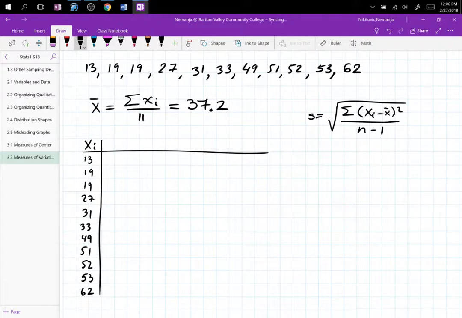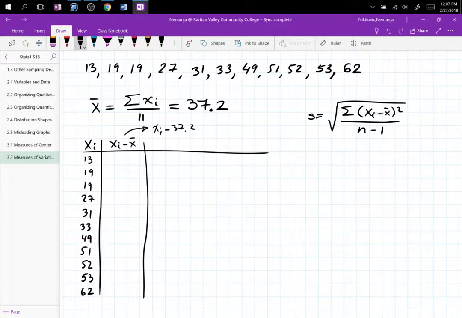Now, you know PEMDAS. PEMDAS states that you have to do parentheses first, then exponents, and so on. So take a look. Parentheses have this subtraction inside, so the first piece that we are computing is inside the parentheses. So the next column should be xi minus x bar, which is the mean. So xi minus x bar is the next column, which means you are doing xi minus 37.2.